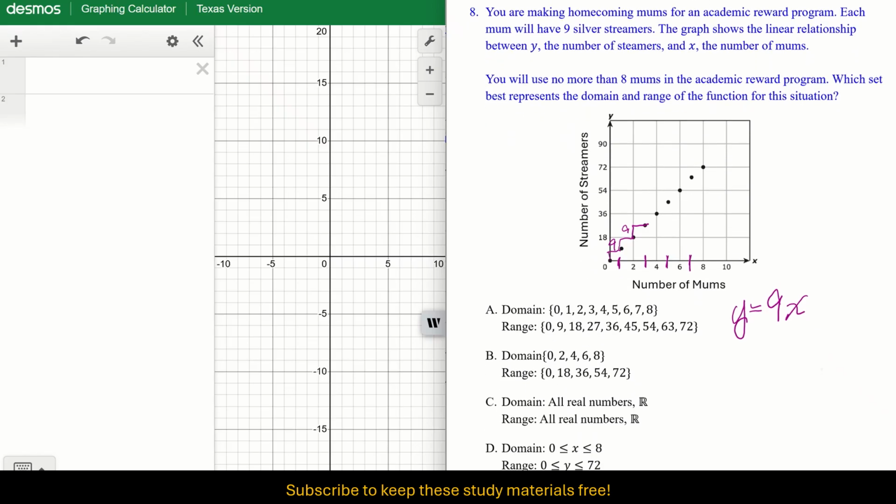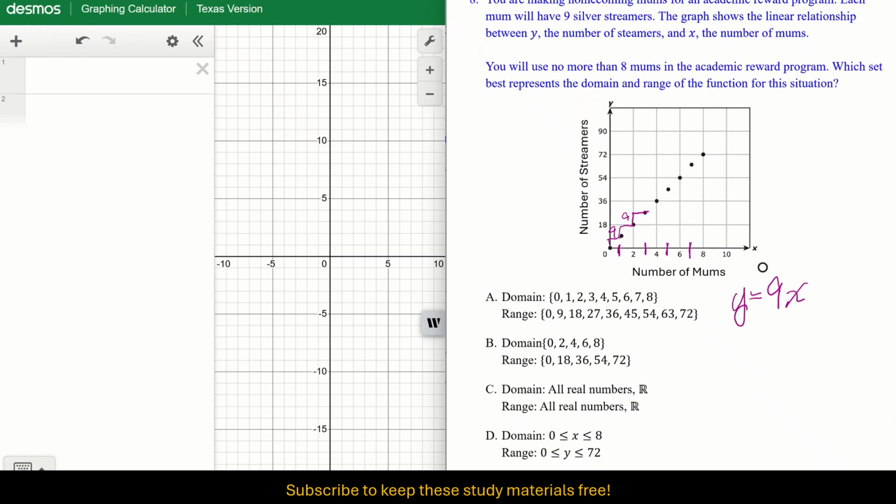So when we go up again, we see that D is continuous information. Therefore, we have to mark that out. And we see C is implying that it's infinite numbers, that it's every single number for the domain and range. And that's just not true. The dots themselves tell us that it has a restriction up to 8 and that it is very much discrete, meaning it's only going to be whole numbers and nothing in between and nothing after 8.